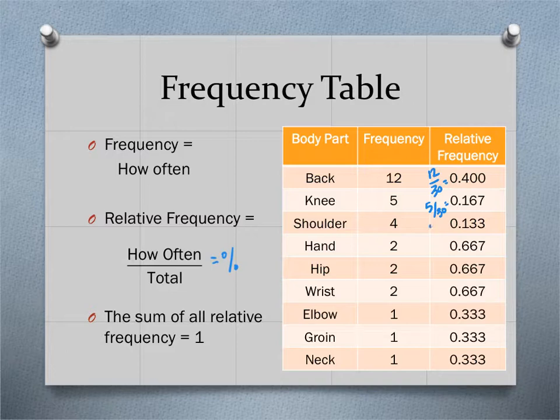If you do 4 divided by 30, that equals 0.133. Then 2 divided by 30 for the next three, and 1 divided by 30 for the last three. If you sum all these numbers, you're going to get a total of 1 or 100%. If you add up all the frequency counts, you should get however many counts you have in your entire data set, which was 30.